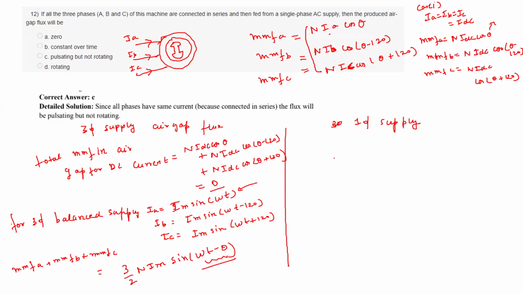But now they're asking you to do like this. They are saying that if all the three phases of this machine are connected in series and then fed from a single phase AC supply, what will happen? So let us see now.